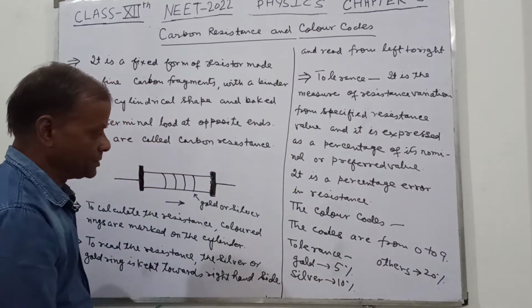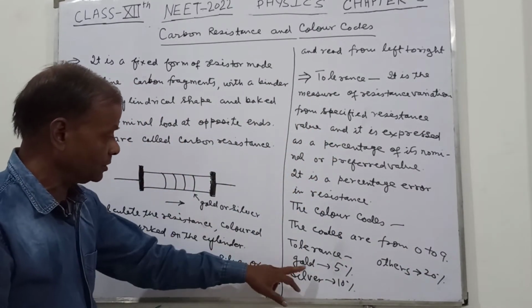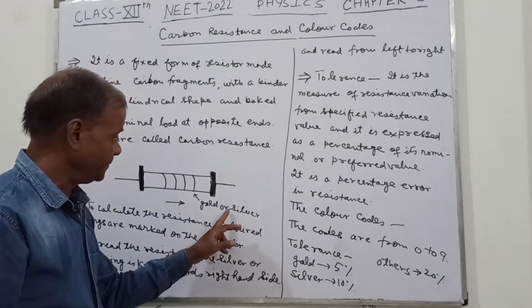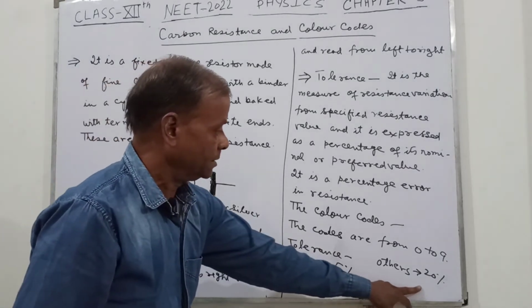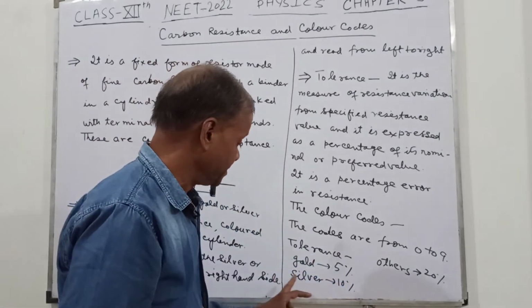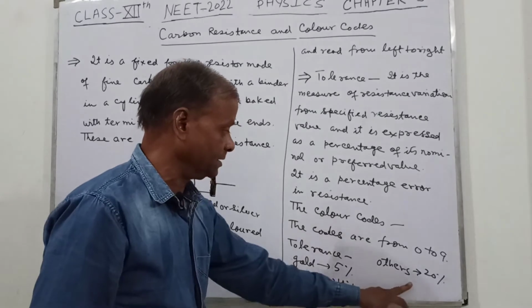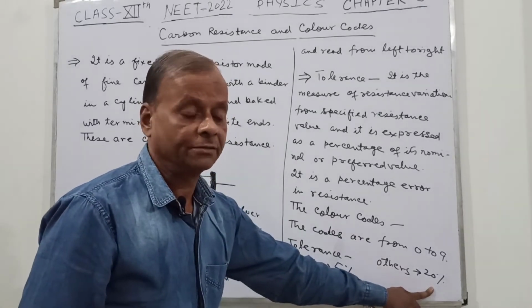This gives the tolerance. If the fourth ring is gold, then the tolerance is 5%. If it is silver, then it is 10%. And if the fourth ring is some other color, except gold and silver, then the tolerance is 20%.